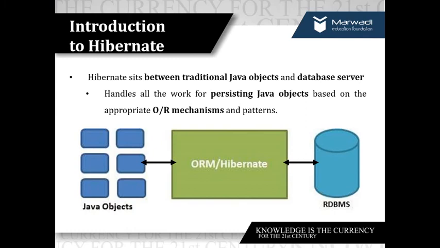So you don't need to write a long query to access or delete a particular row. You can consider a particular row of a table mapped to a Java object. So those OR mechanisms are very important, and ORM is a very good tool for Java developers to directly persist Java objects into the database.